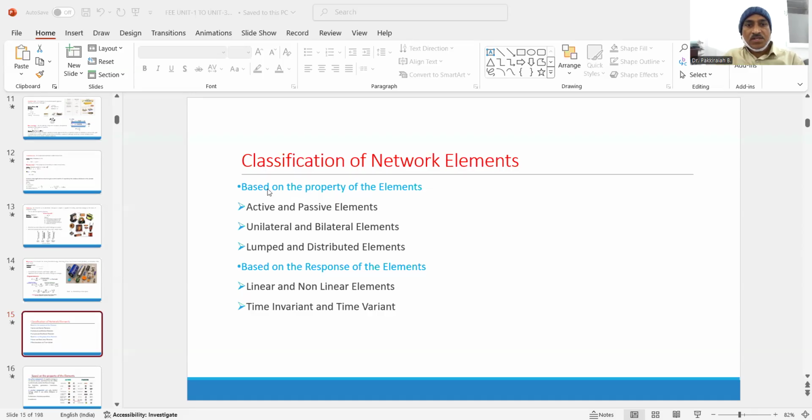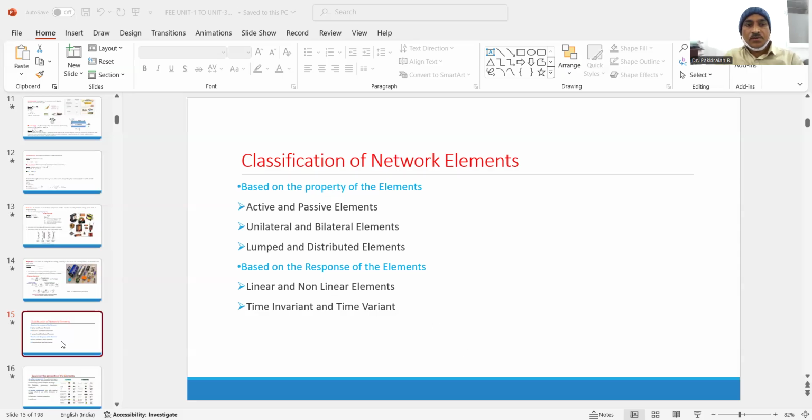First one, based on the property of the elements, they have been classified into active or passive elements, unilateral and bilateral elements, lumped and distributed elements. Based on the response of the elements, they have been classified into two types: linear and nonlinear elements, time invariant and time variant elements.